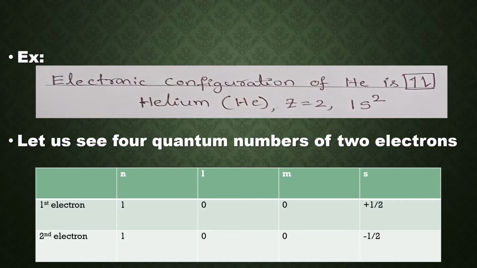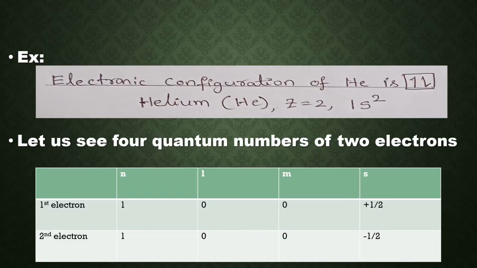Electronic configuration of helium, symbol He, atomic number Z equals 2, is 1s². Let us see the four quantum numbers of these two electrons in the helium atom. The first electron is in the 1s orbital; 1 represents the principal quantum number, so n equals 1. For s orbital, l value is 0, m also 0.